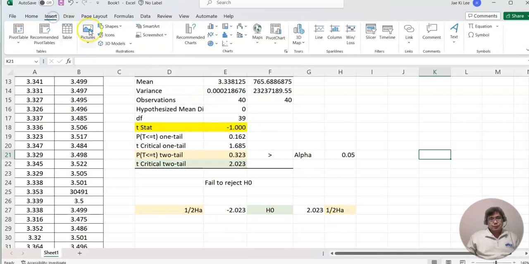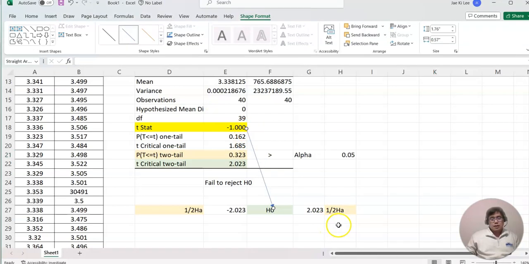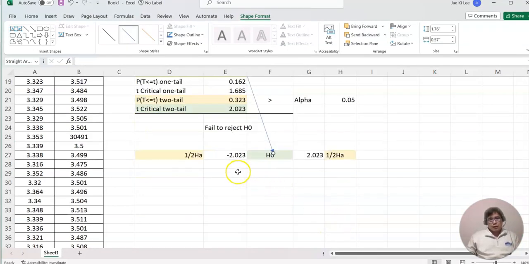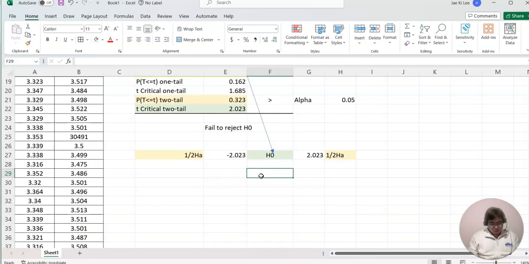Which means the t statistic belongs to H0. So since our t statistic value belongs to H0, we can also conclude fail to reject H0.